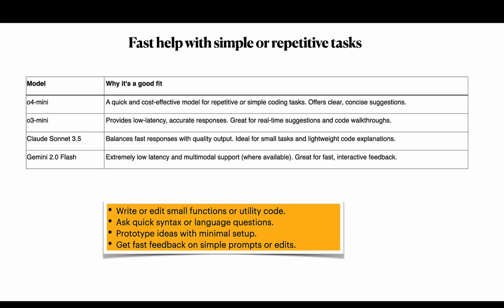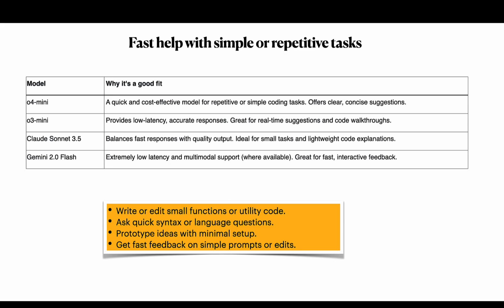Next, go with fast help for simple and repetitive tasks. So if you want a quick response, you don't want to wait, then you can go with these models. o4 mini gives a quick and cost effective model for repetitive and simple coding tasks, and offers clear and concise suggestions. o3 mini provides low latency, accurate responses, great for real-time suggestions and code walkthroughs.